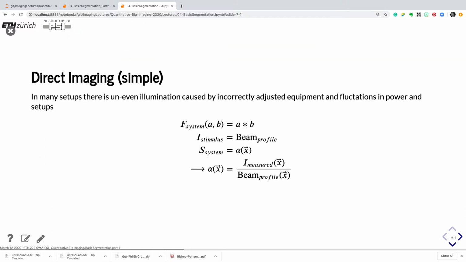And the direct imaging approach is that you have different parts. You have the illumination field of the imaging system, and you have your sample, and those two are combined. So to get out the information you want, you have to divide the measured signal by the imaging system signal. And in many cases we're talking about a transmission image.